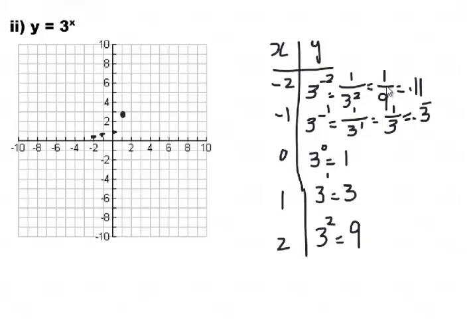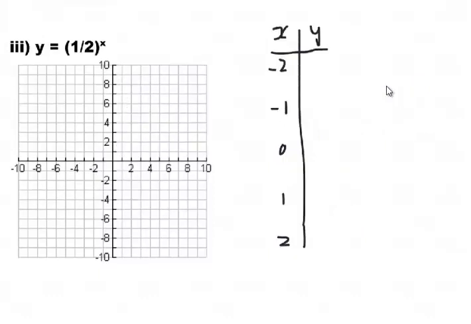And when x is 2, y is 9. Again, plotting a smooth curve going through these points, we get a graph like this. Again, going from left to right, the y values are increasing, so this represents an exponential growth function.